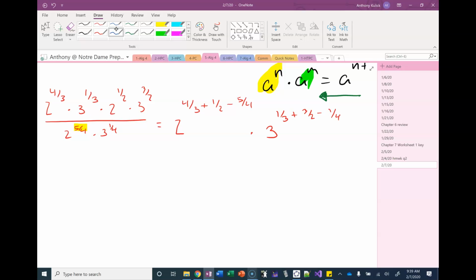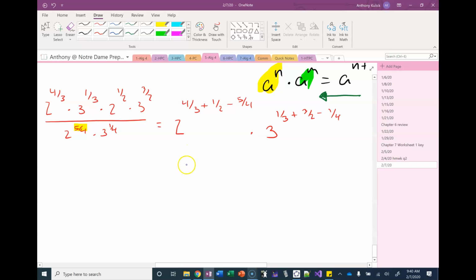Okay. To add and subtract these, what do I need to have? Common denominator. What would the common denominator be between all 3 fractions? So thirds, halves, and fourths. 12. Everybody agree with that?